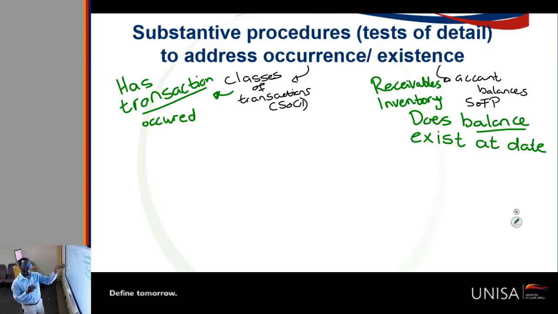Liabilities as well are included there. A very important part of whether something exists or not is whether it has been authorized or approved.